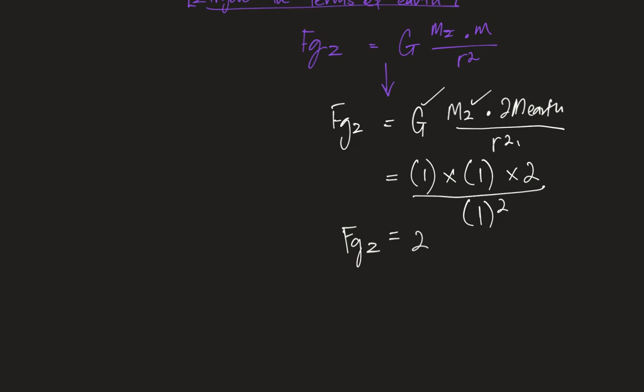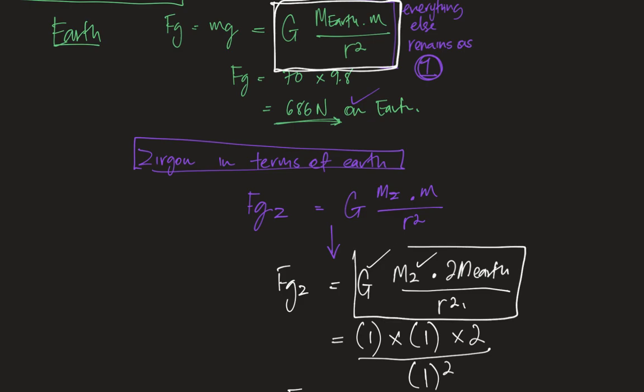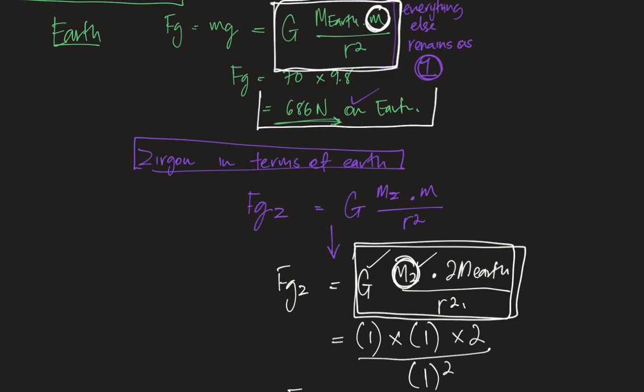Now, when I look at my formula, can you see that this formula here and this formula here are exactly the same, where this little m here is the mass of Zygon, and they're telling us we have twice the mass. So technically, we already have the force on Earth.